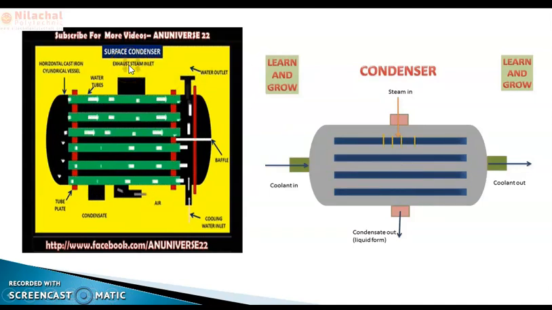And here the refrigerant comes in, and the refrigerant condenses and is converted from vapor to liquid. The same thing I am showing here also. The coolant in, meaning water in, and the water out, and here is the refrigerant in and the refrigerant out.